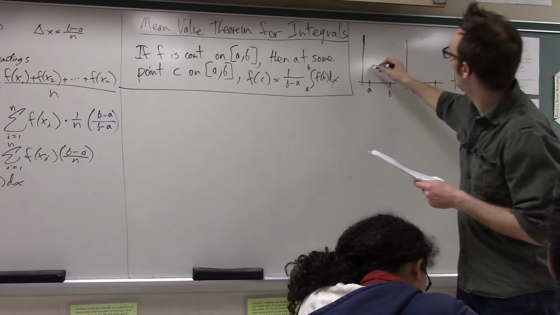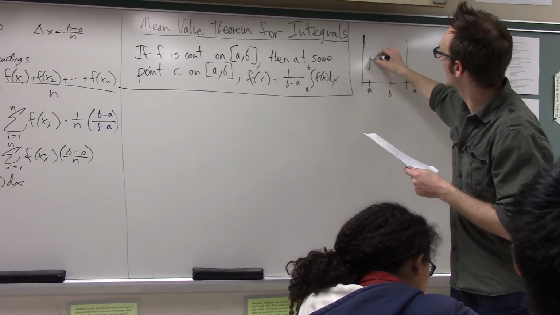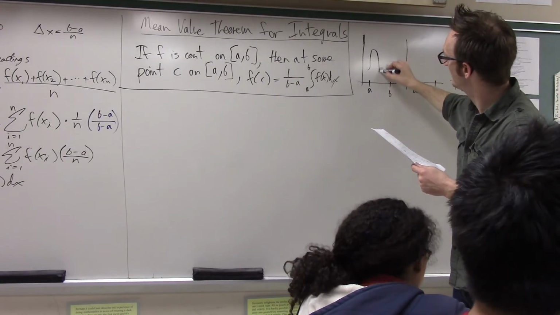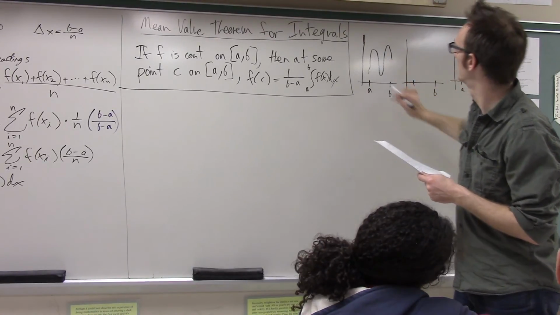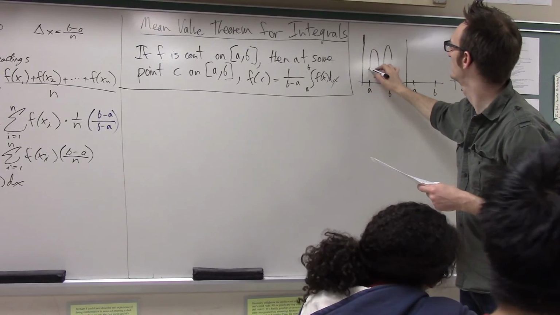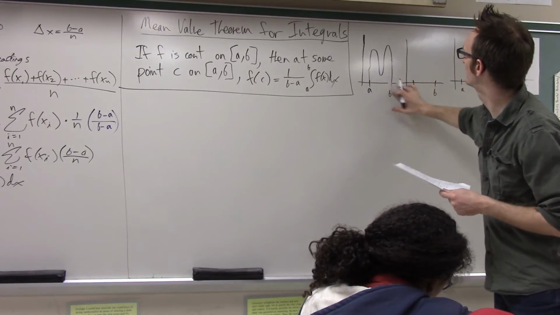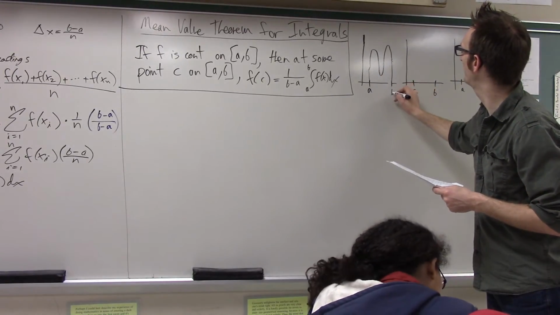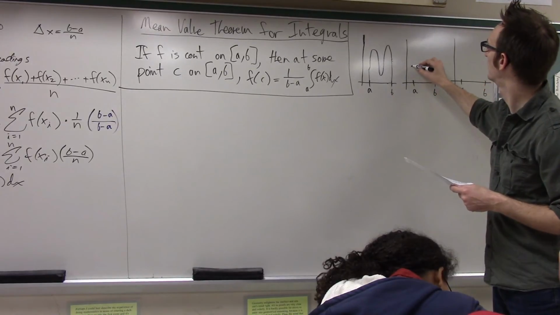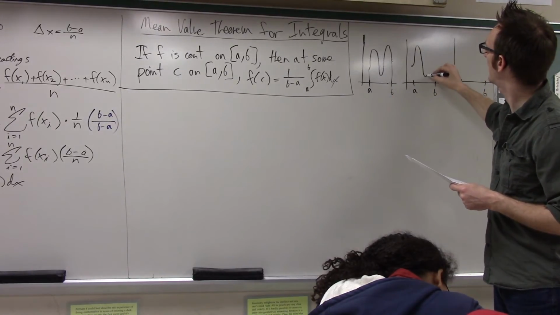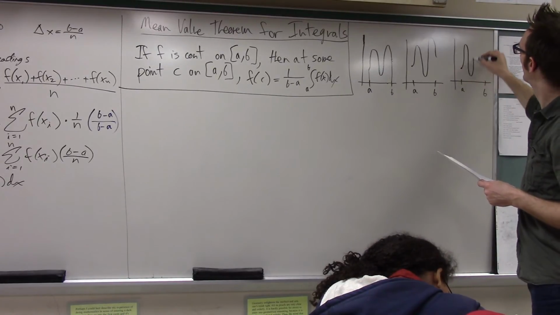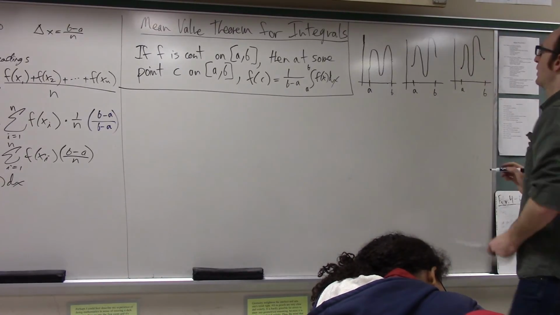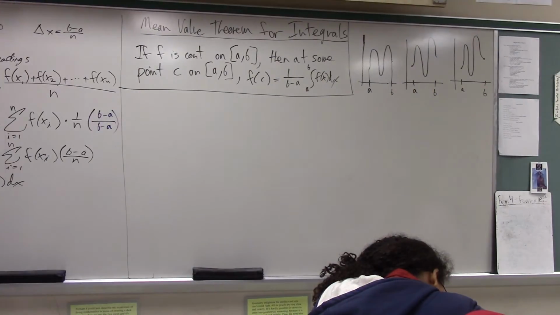I'm going to draw one function that goes up, down, up and down, like that. And then I'm going to try to draw the same thing again. Goes up, down, down, up.